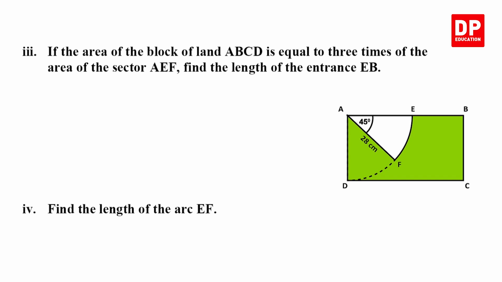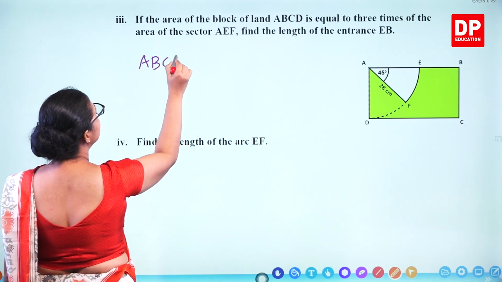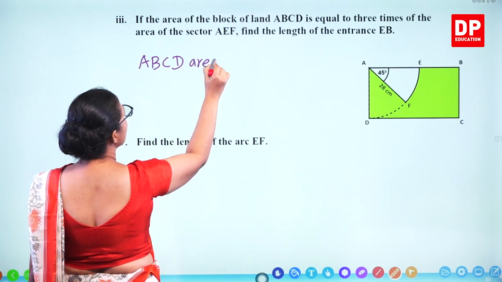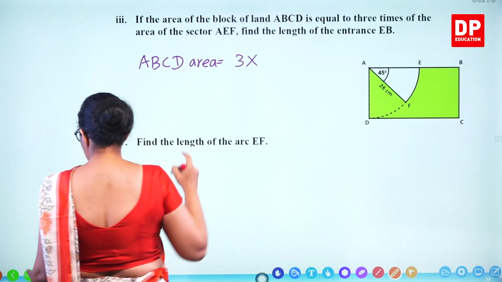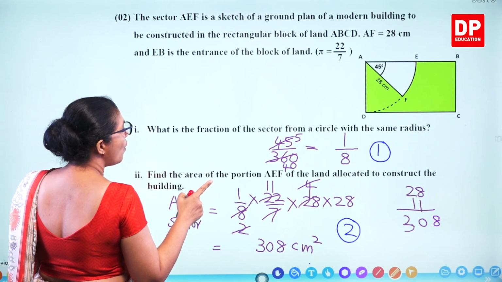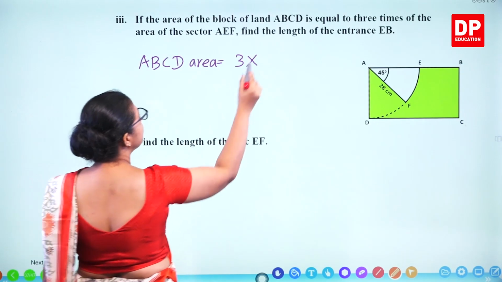Look at the other part. If the area of the block of land ABCD is equal to 3 times the area of the sector AEF, find the length of the entrance EB. So what's the ABCD area? 3 times the area we got before, 308.